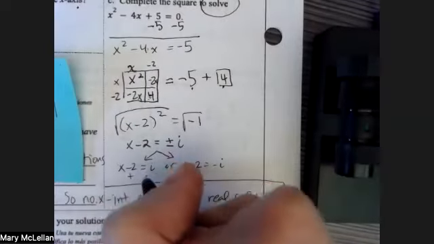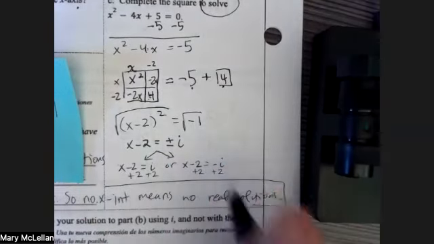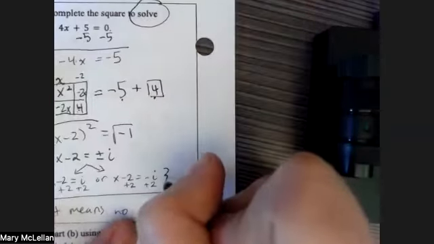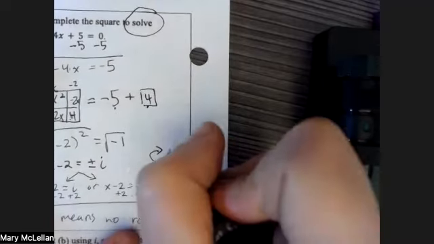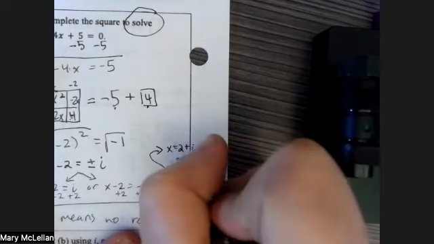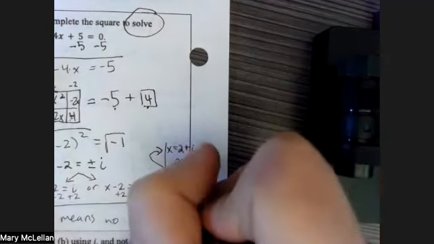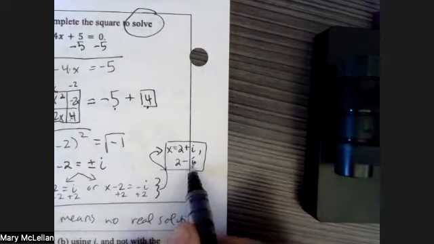I add 2 to both sides. And my final result is x equals 2 plus i and x equals 2 minus i. They're not like terms, they cannot be combined. So you end up with it written in these two parts.